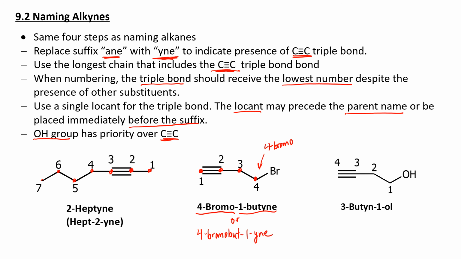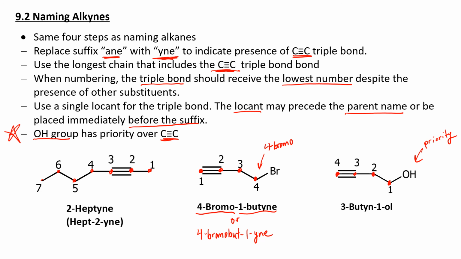Now if we have an alcohol, let's count our carbons in the chain: 1, 2, 3, 4. We have to give the OH group priority, so I have to start numbering to put the alcohol at the lowest possible number. That's 1, 2, 3, and 4.